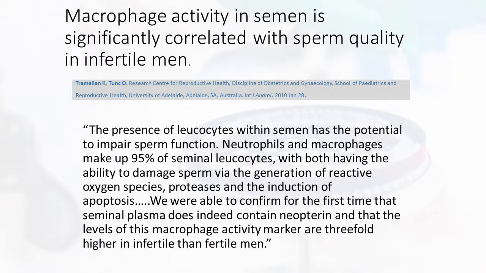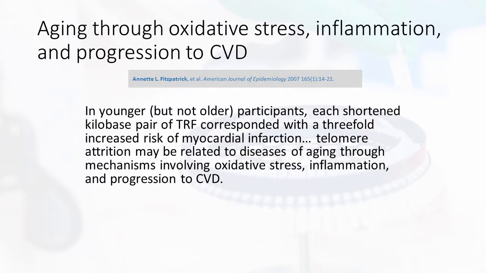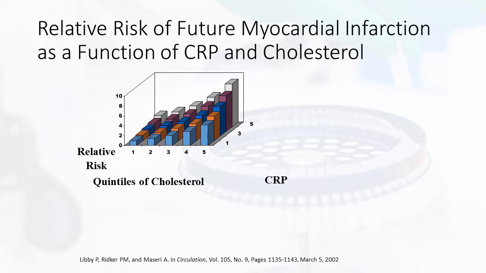So again, lots of different things, even infertility in men, activated immune cells, damage to telomeres, which causes premature aging. Inflammation can cause oxidation of LDL, and it's a better marker for cardiovascular disease. When you look at CRP in addition to LDL, you get a linear increase in risk when you add the inflammatory component.